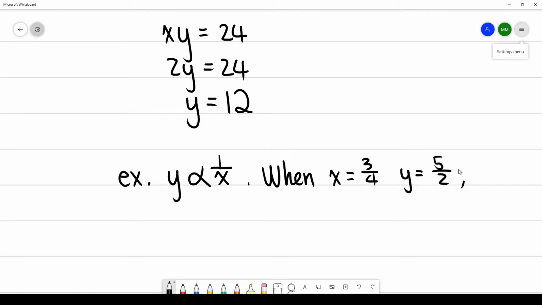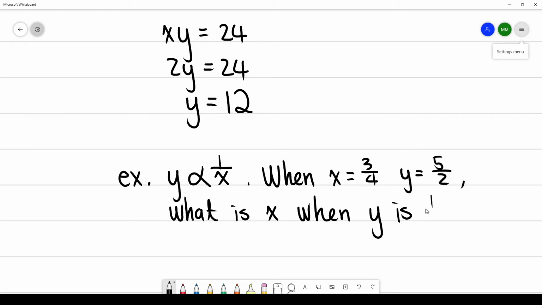So when x is 3 over 4, y is 5 over 2. So what is x when y is 1 over 8?